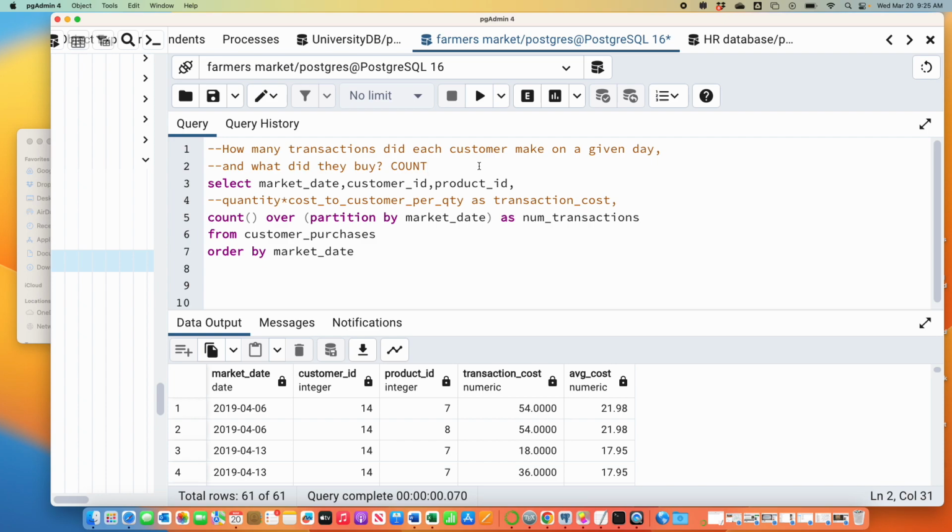Right idea, but then you'd be counting how many customers bought that product, which is the flip side of the coin of what you want. For each customer, you want to know how much stuff they bought. Yeah, so customers are going to be different now. Just like with group by, you can partition by as many things as you want in a row. Each market date is its own separate thing, so April 3rd is not the same as April 6th. And then each customer is also separate.